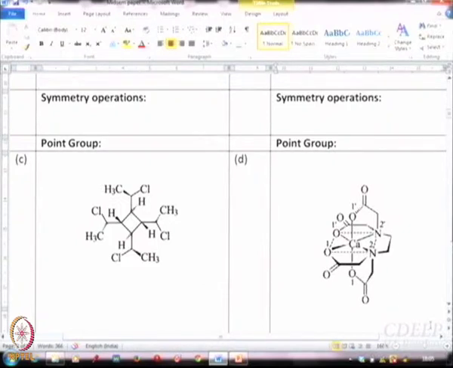Anyway. Where is the C2 axis? Through calcium, of course, and bisecting the O bond and bisecting the C-C bond also. Okay, by bisecting the O line. All right.